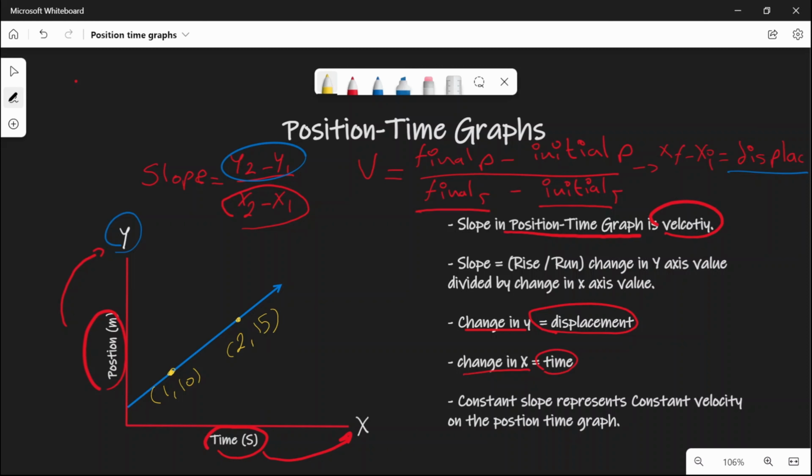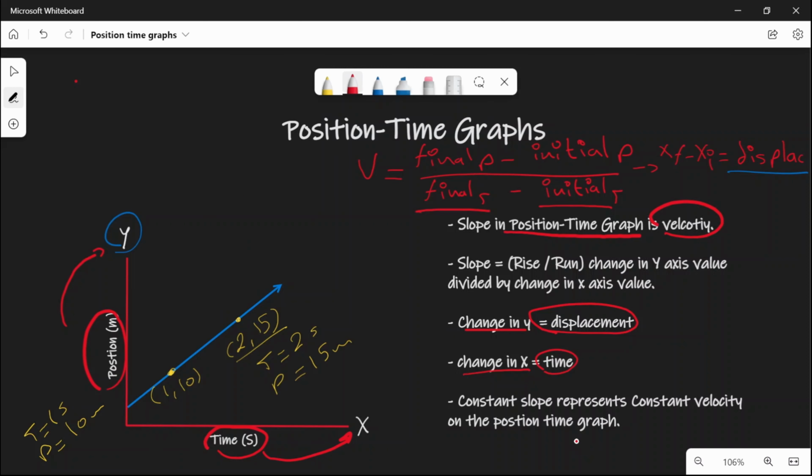Now, what does 1 and 10 and 2 and 15 mean in a position time graph? 1 and 10 means that at time equal to 1 second, the position is equal to 10 meters. And for the second point, 2 and 15, at time equal to 2 seconds, the position is equal to 15 meters. Let me clear off some space.